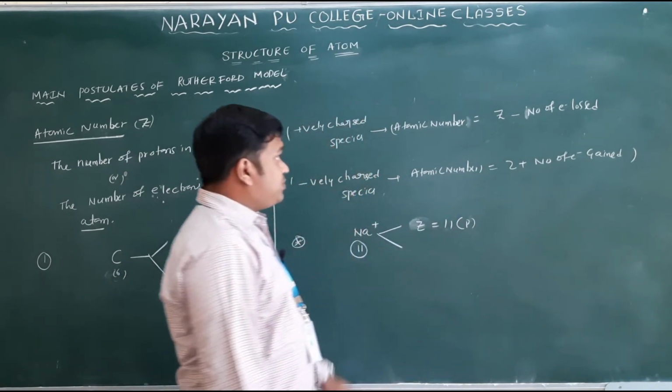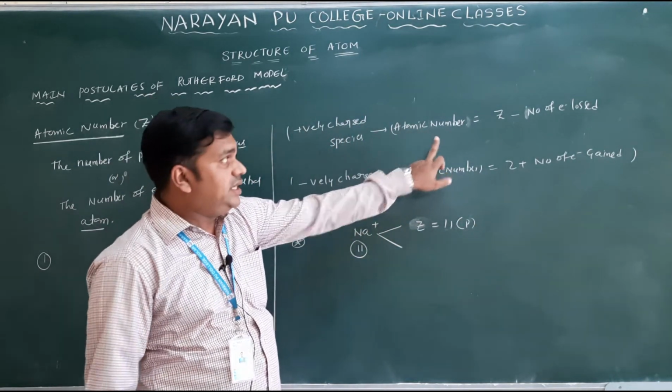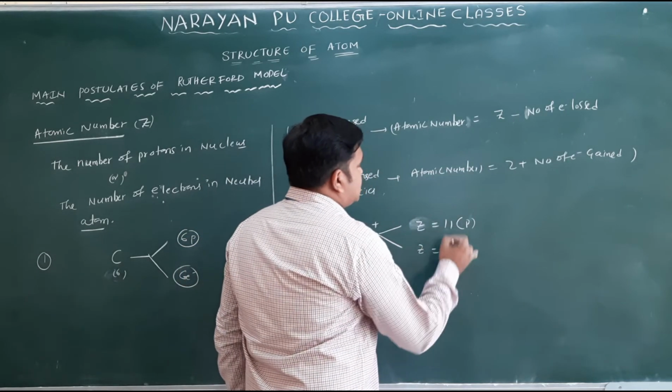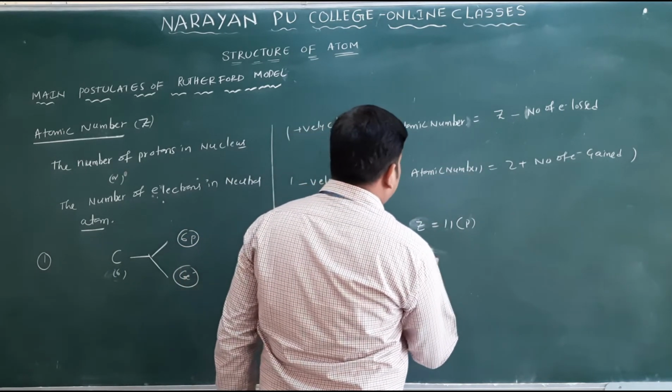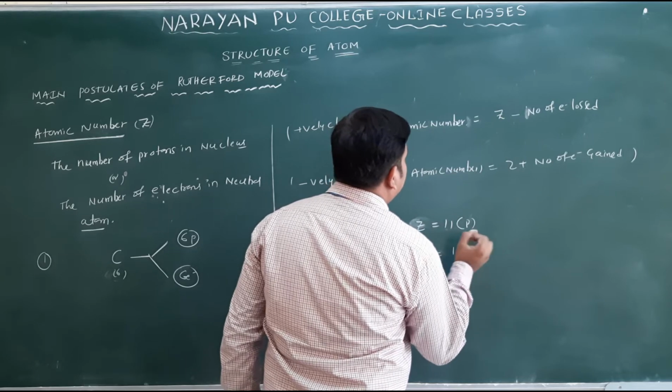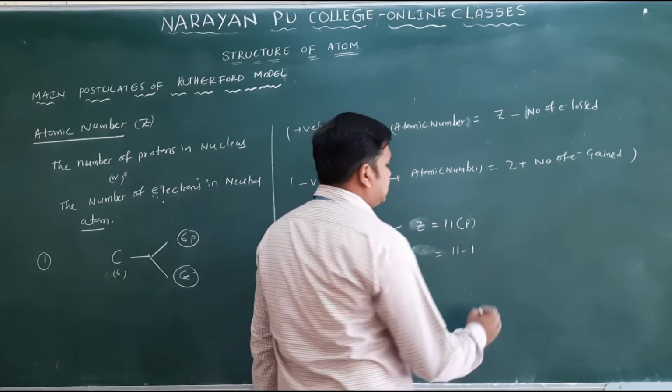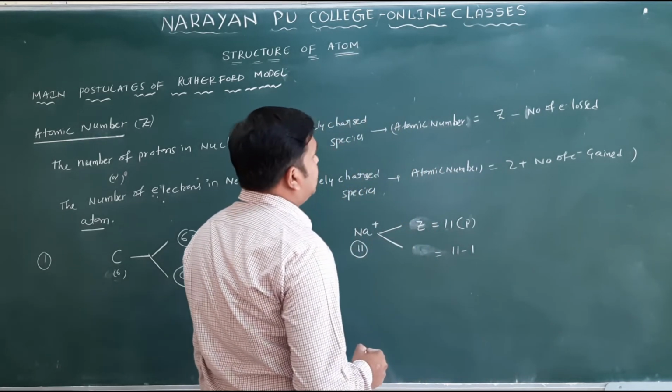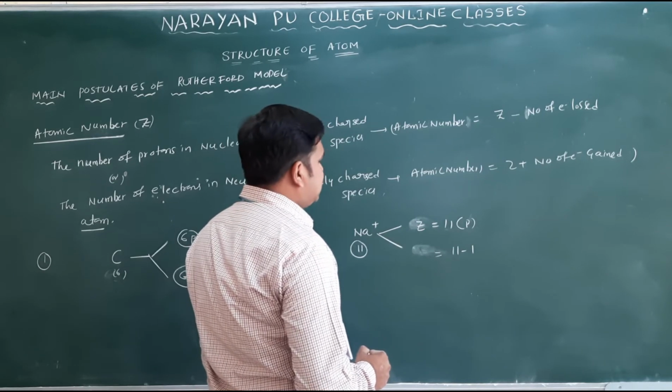Suppose it is a charged species; how can you find the atomic number Z here? You write 11 minus how many electrons are lost? Here 1 electron is lost.